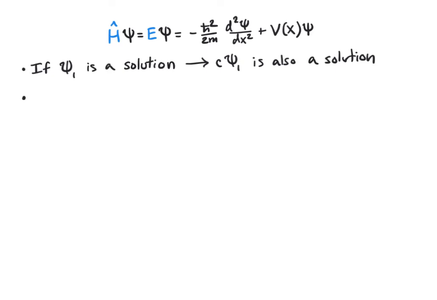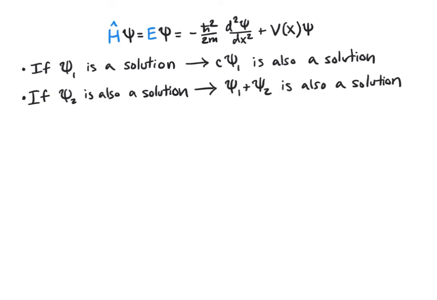Secondly, if psi2 is also a solution, so more than one solution, then the sum of psi1 and psi2 is also a solution. But bear in mind that the left side of our equation is the Hamiltonian acting on our wave function. So if we plug in psi1 plus psi2 as our solution, we're applying the energy operator to this sum of states. And since the Hamiltonian is a linear operator, we can write it as H psi1 plus H psi2.